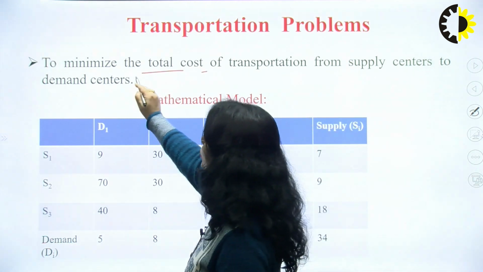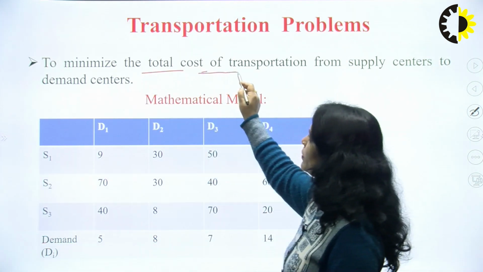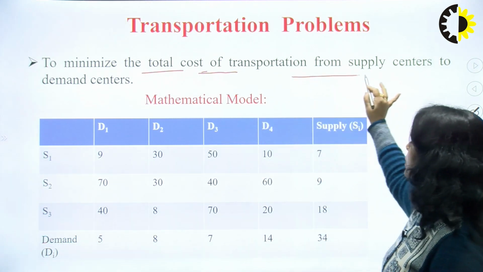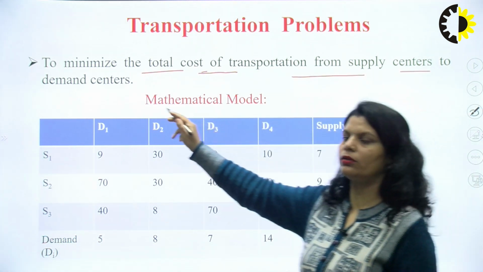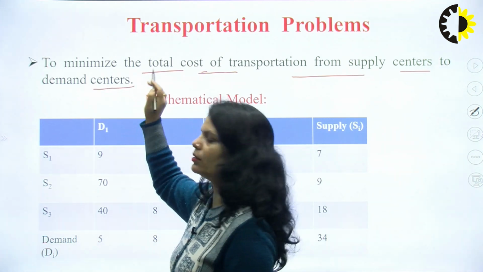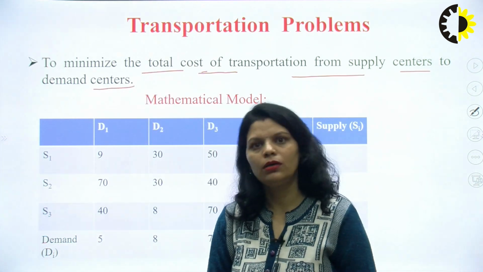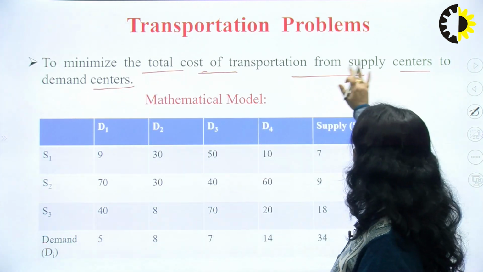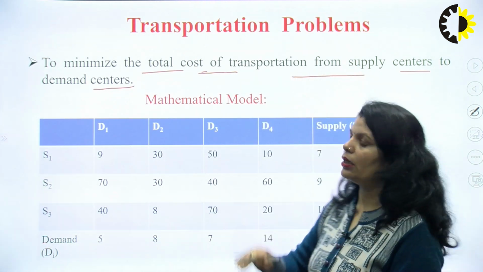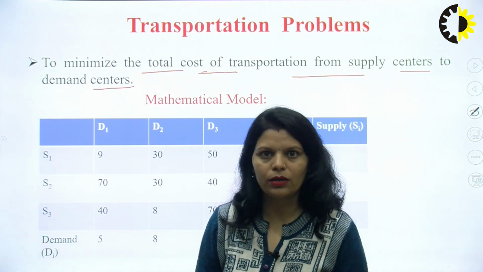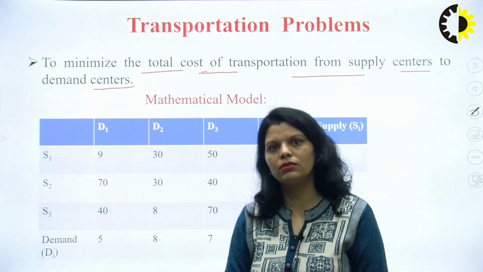Here the objective is to minimize the total cost of transportation from the supply center to the demand center, or the distribution center. So the cost lies between the demand and the supply, and our objective is to minimize this cost.